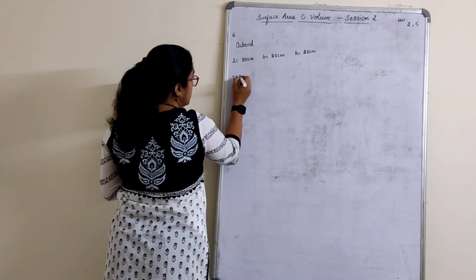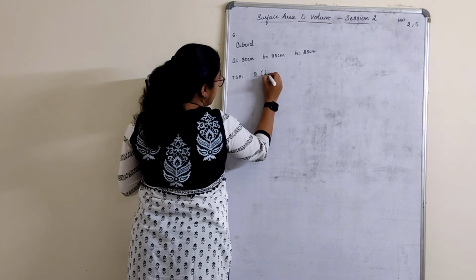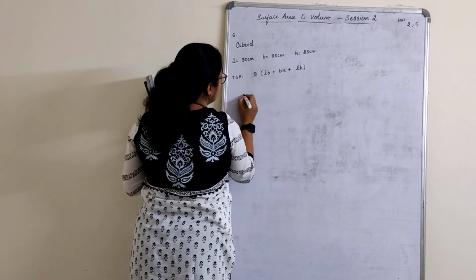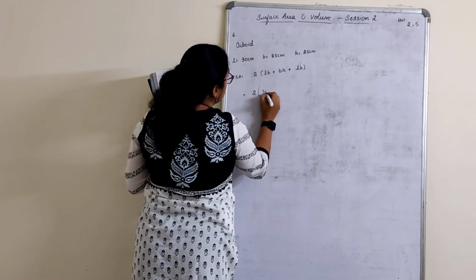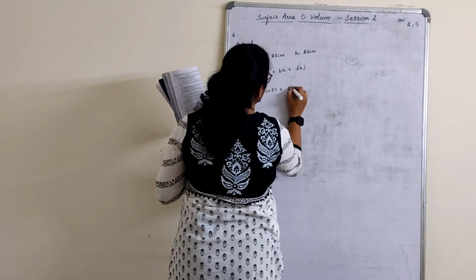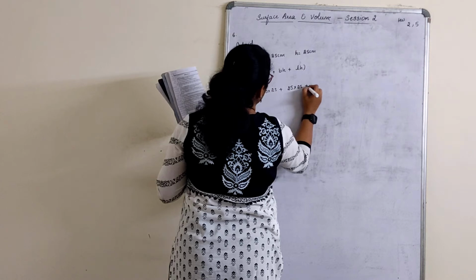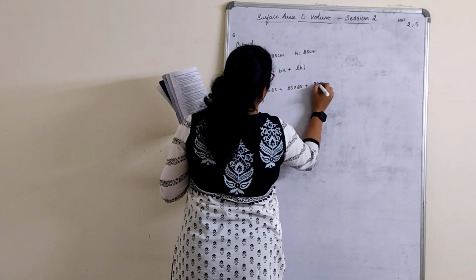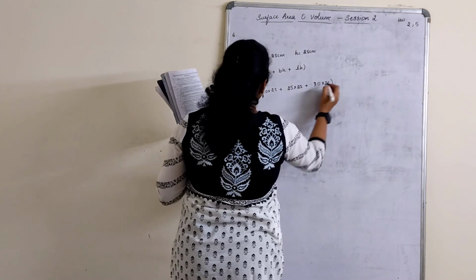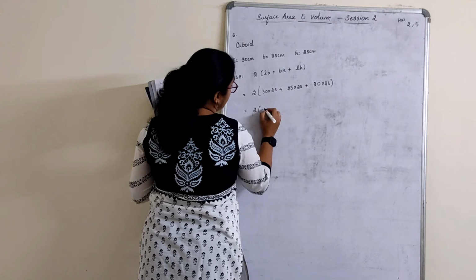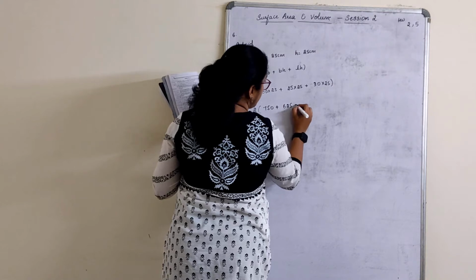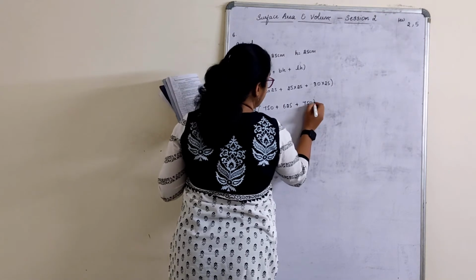TSA is equal to 2 of L into B plus B into H plus L into H. So this is 2 of 30 into 25 plus 25 into 25 plus 30 into 25. 25 3s are 75. 25 25s are 625. 25 3s are 75.